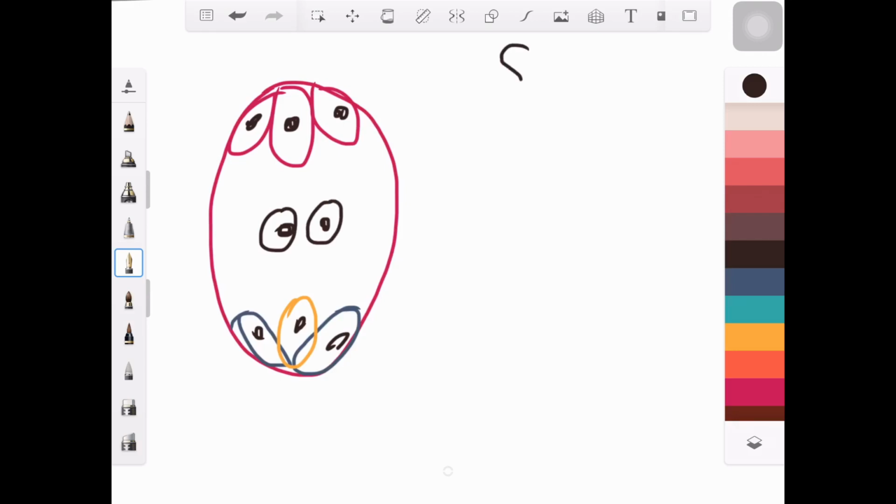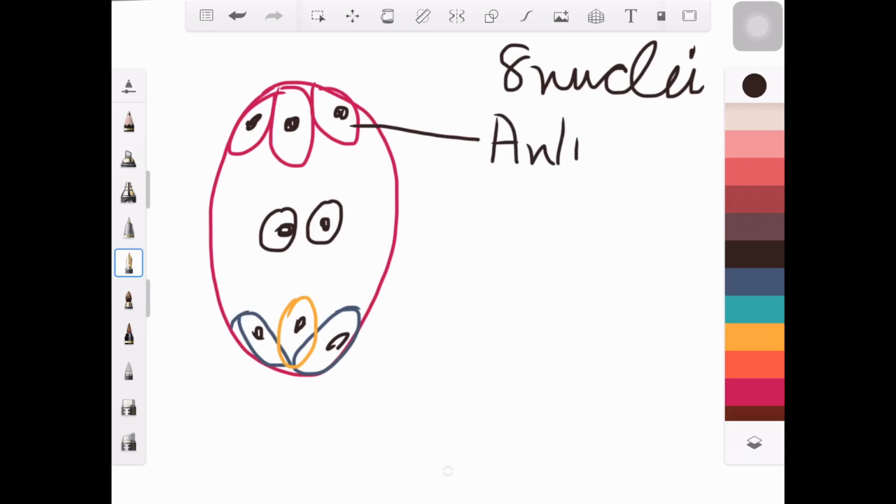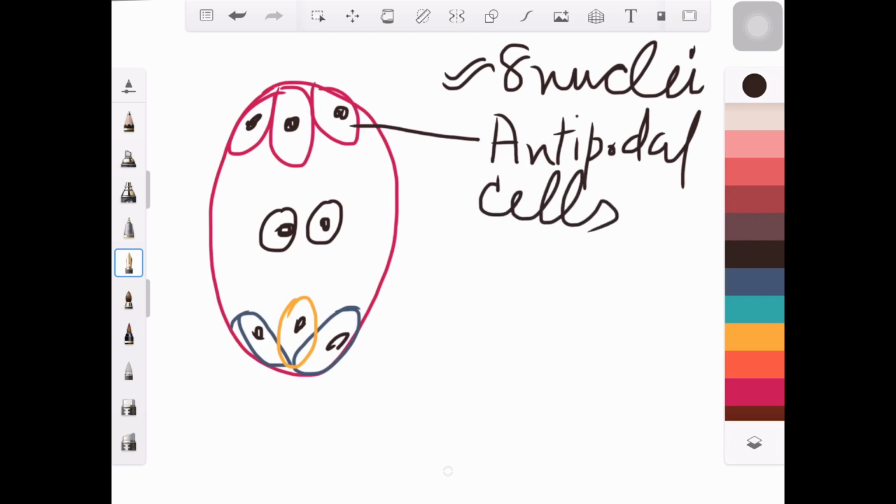I told you there are 8 nuclei which have been formed, and they will gather some cytoplasm. The top 3 are called 3 antipodal cells. Of these 8 nuclei, I am telling you how they are named. The upper 3 are called antipodal cells. These central ones are called polar nuclei, 2 polar nuclei.